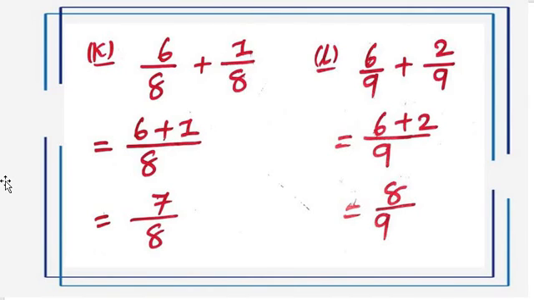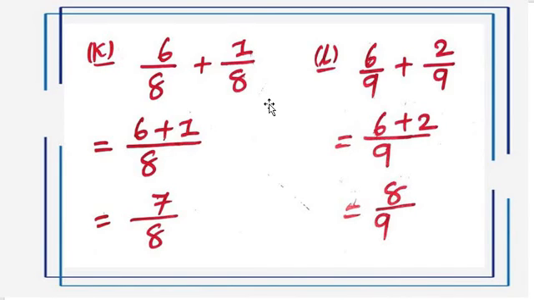So 6 upon 8 plus 1 upon 8. We do 6 plus 1, so how many? 7. 7 upon 8. So the answer is 7 upon 8. Now question number L: 6 upon 9 plus 2 upon 9, my dear students.